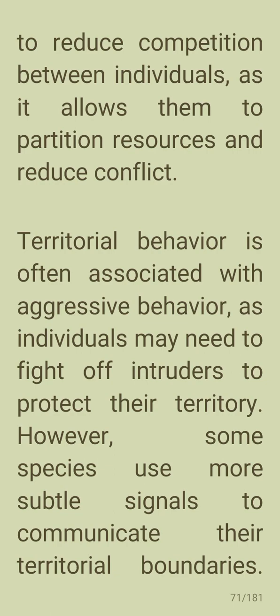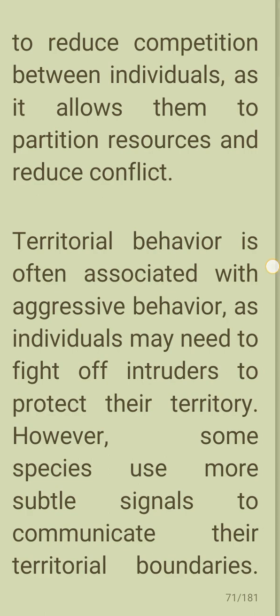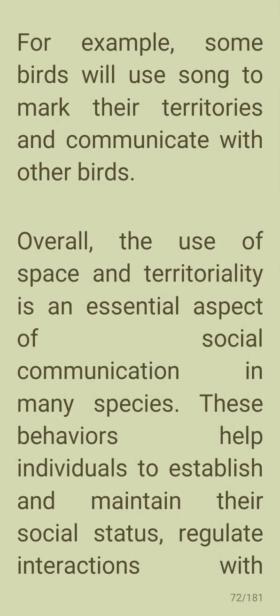Territorial behavior is often associated with aggressive behavior, as individuals may need to fight off intruders to protect their territory. However, some species use more subtle signs to communicate their territorial boundaries. For example, some birds will use song to mark their territories and communicate with other birds. Overall, the use of space and territoriality is an essential aspect of the social communication in many species.